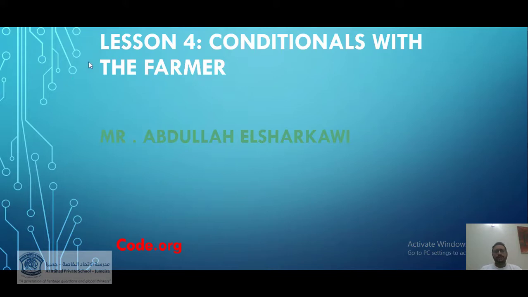Our lesson today is lesson 4, Conditionals with the farmer. If you remember, in week 9, before last week, we started using conditions. This lesson we're going to continue using conditions, but this time with the farmer.